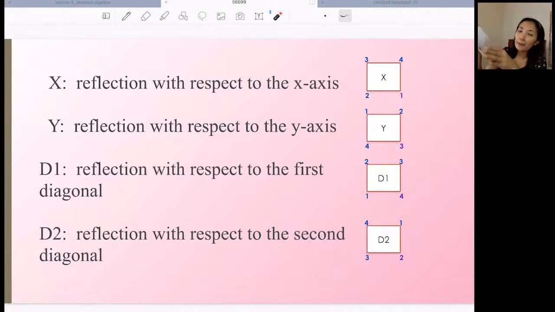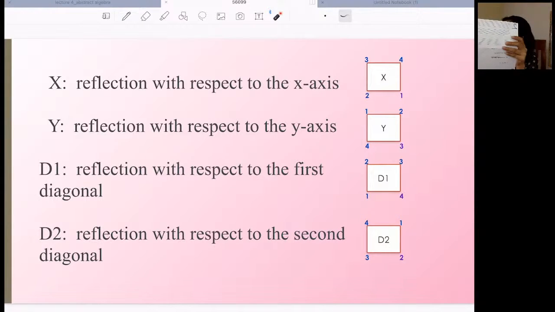Y, from your original position this time, reflect it along the y-axis. Ito yung y-axis. So, this is the y-axis. Reflect it over the y-axis. So, you simply have to do it this way. What will it be?